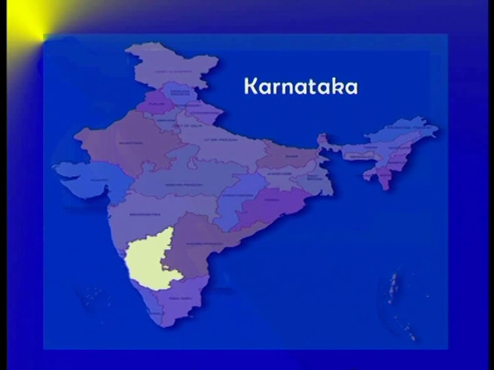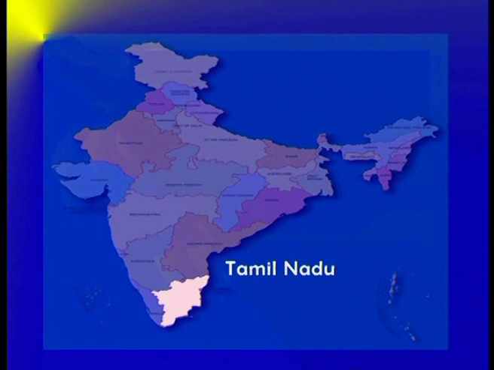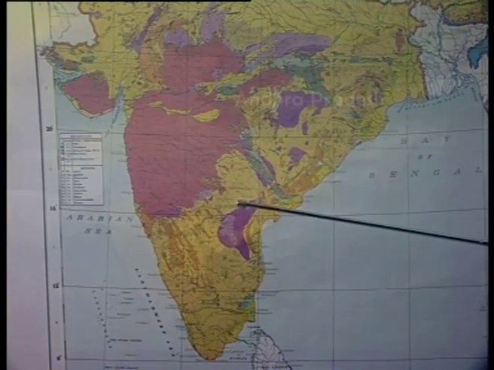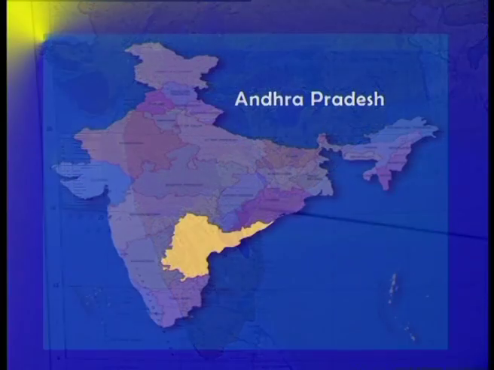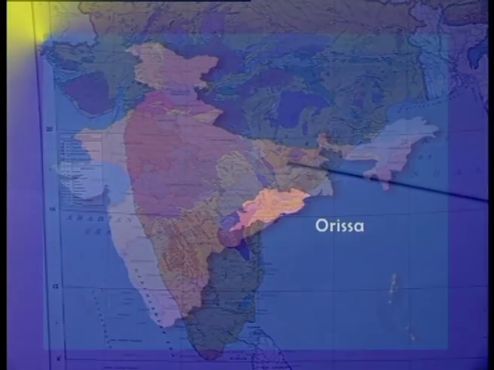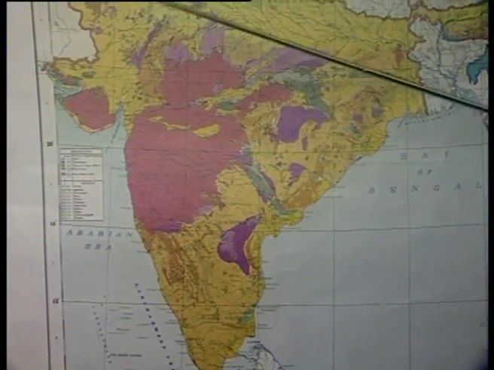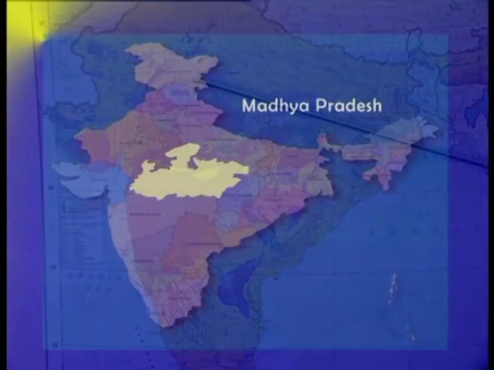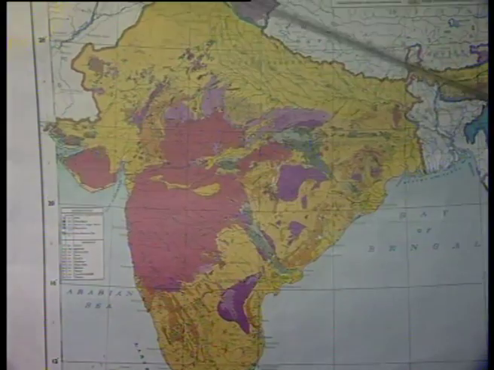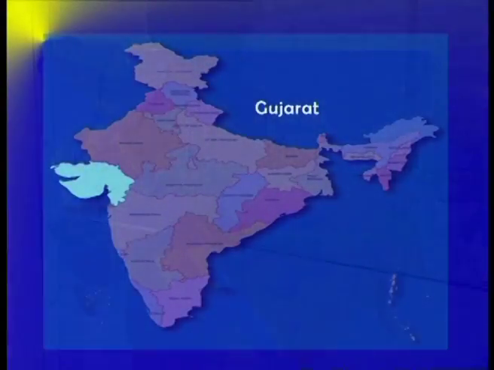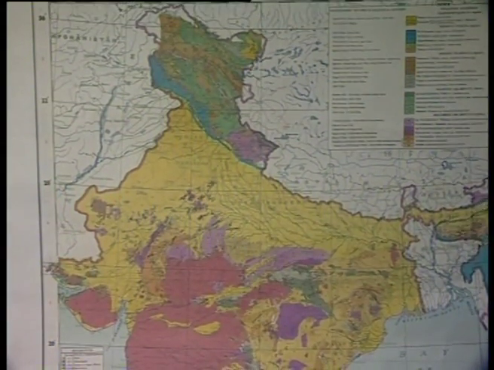The Lower Precambrian rocks are found mainly in Karnataka, Goa, some patches in Tamil Nadu, crescent-shaped structures in the state of Andhra Pradesh, and majorly in Orissa, Bihar, Rajasthan, with some patches in Madhya Pradesh, Jammu Kashmir, Gujarat and northeastern parts of India.